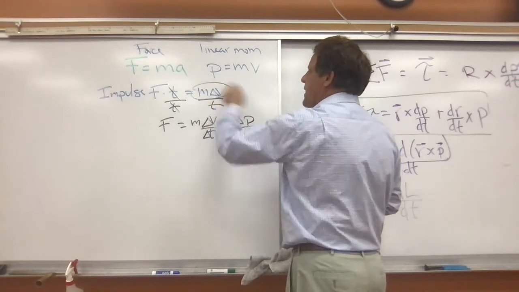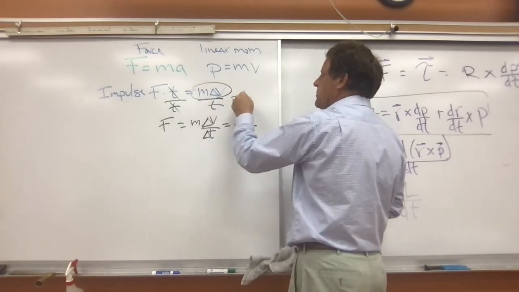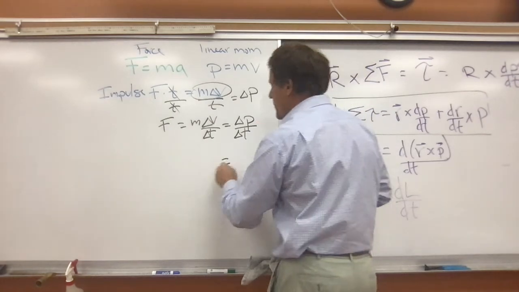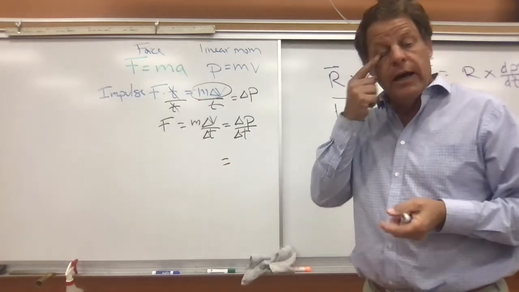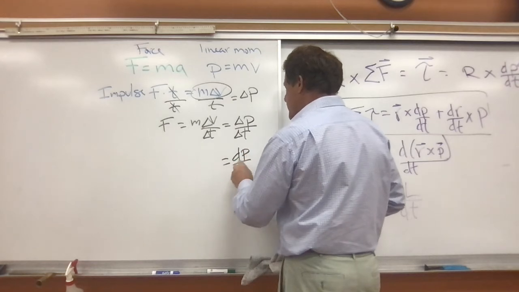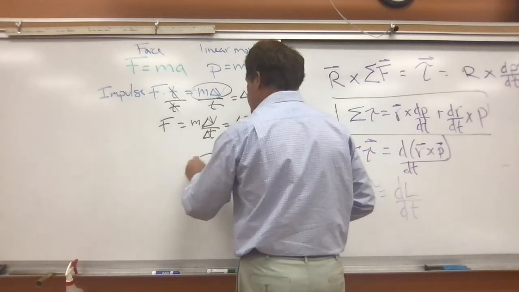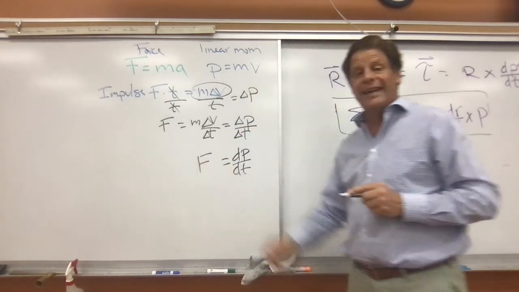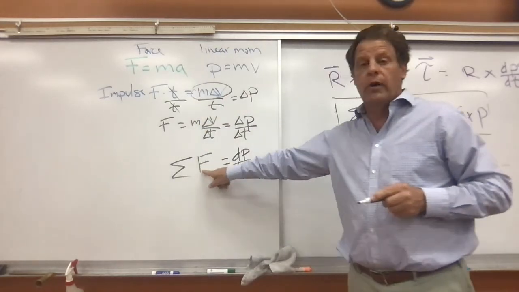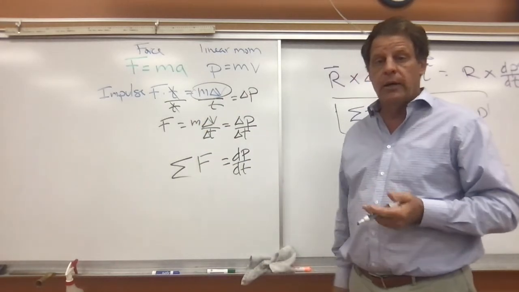So this mv, and the change is going to be change in momentum. Now the change in momentum, if we want to turn that into a derivative, that is going to be dp dt, and that is going to equal the force. Now, if we want to get a little more elaborate, we have to remember that it's the sum of all those forces that are going to be operating.